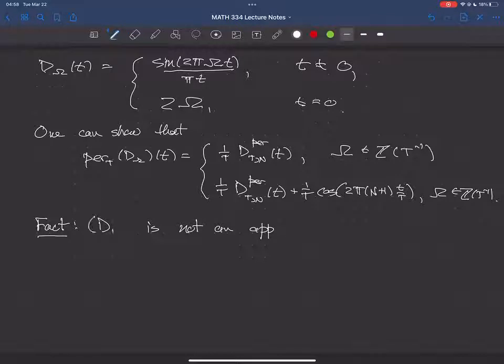What I mean is this. If you replace this real parameter capital omega with an integer parameter j, and then think of letting omega or j go to infinity, for the Fejér kernel and the Poisson kernel, that gave rise to an approximate identity, but that's not true for the Dirichlet kernel.